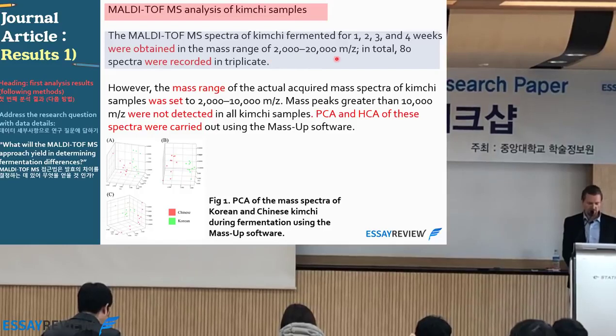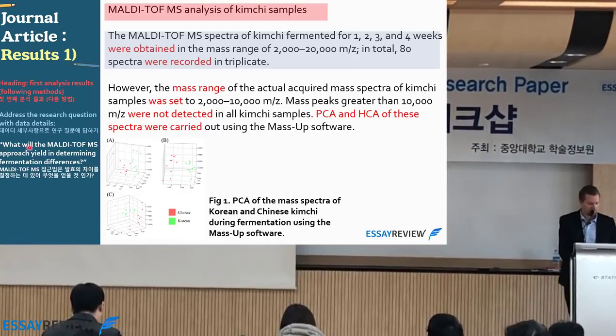In total, 80 spectra were recorded in triplicate. So here's the data that they came up with. And the second research question is, what will the MALDI TOF MS approach yield in determining fermentation differences? So this is answering that question.